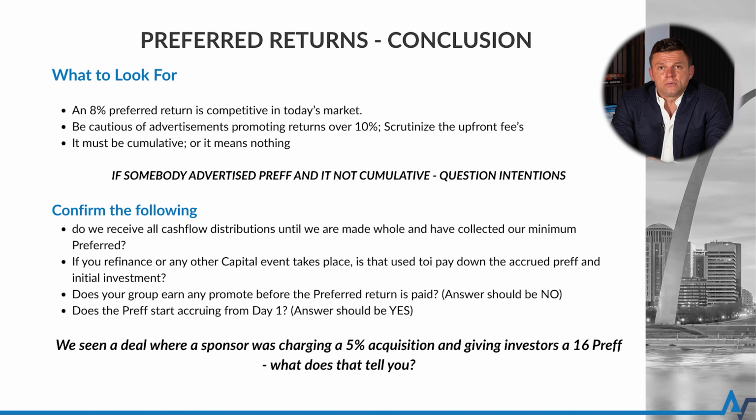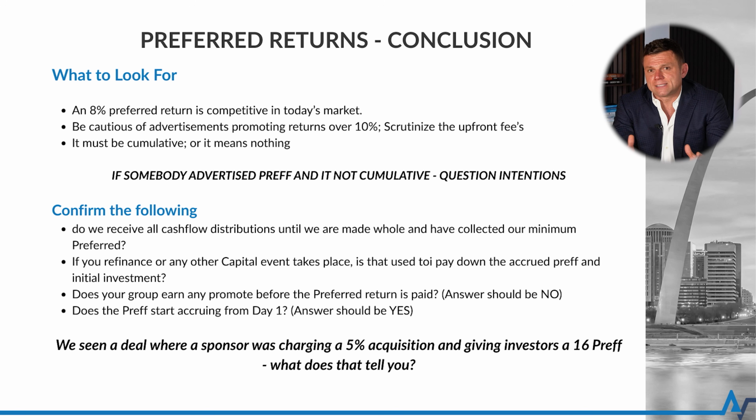So conclusion on preferred returns, what do you want to look for? Again, today, an 8% pref is very competitive. An 8% pref that is cumulative, that doesn't have a catch-up provision, because of where the cash flows are on a deal, is competitive in today's market.